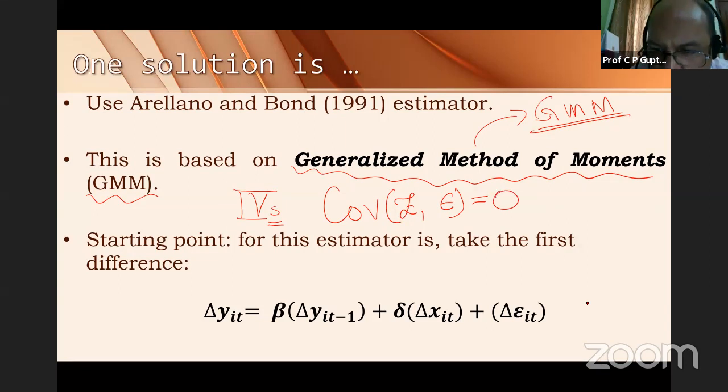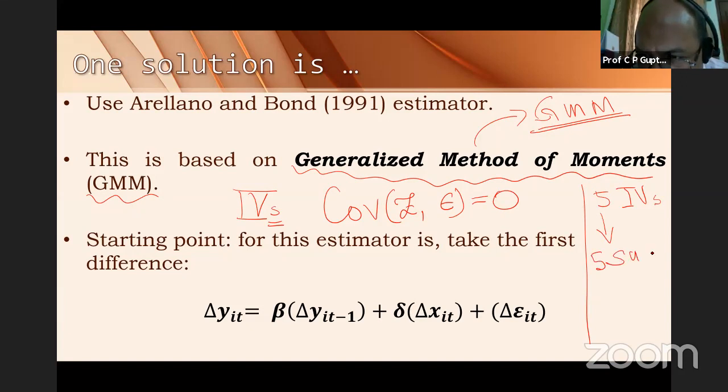And if we are going to use 5 instrumental variables, you will get 5 such conditions, which are popularly called moment conditions.